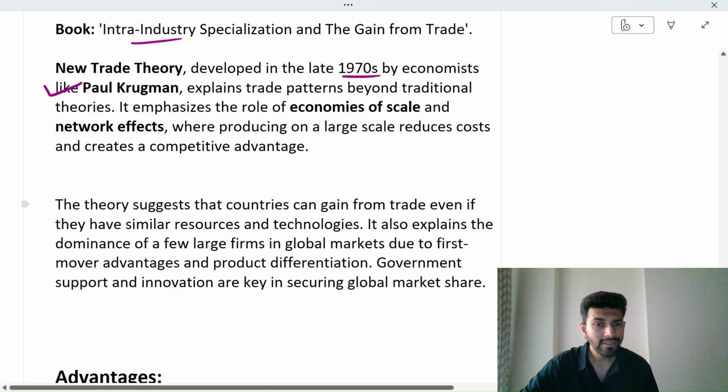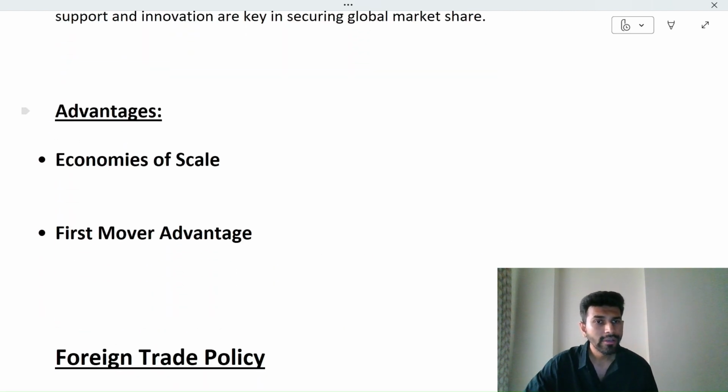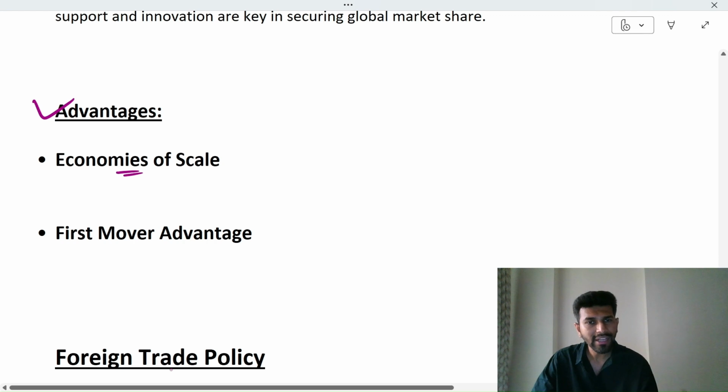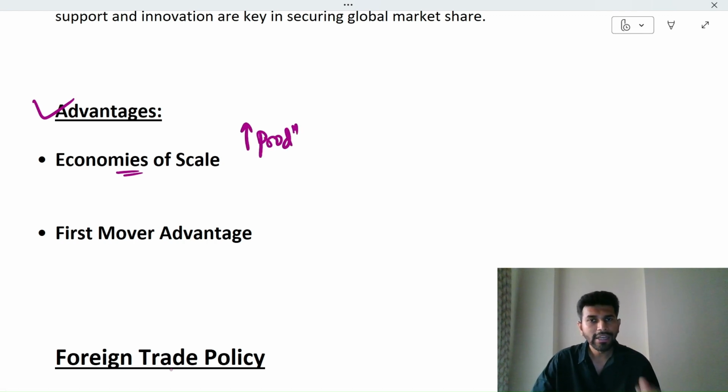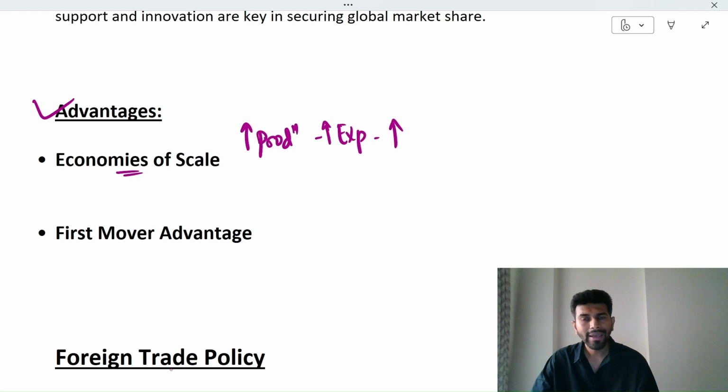Let's discuss some advantages of new trade theory. First point, economies of scale. Economies of scale can be achieved by producing more. If there is more production, we can export more quantity. If we export more, then there will be more profit.